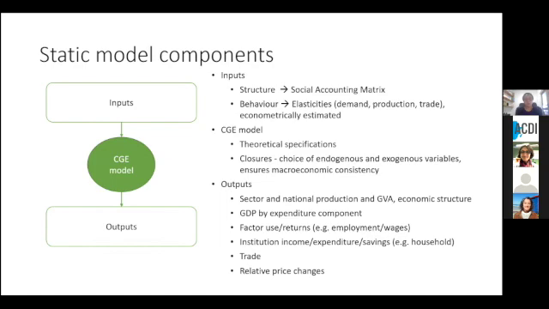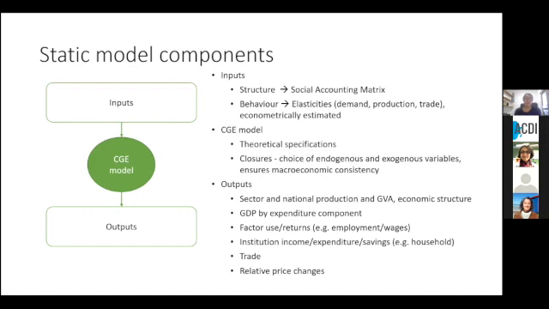So like all models, CG models have inputs which feed into the model and then provide some types of outputs. In static CG models, the key inputs are the social accounting matrix, which provides the structure for the model, and then the elasticities, which inform the behavior of various agents in the model. The CG model itself consists of a number of equations which capture the theoretical specifications of the model, as well as the various closure rules.